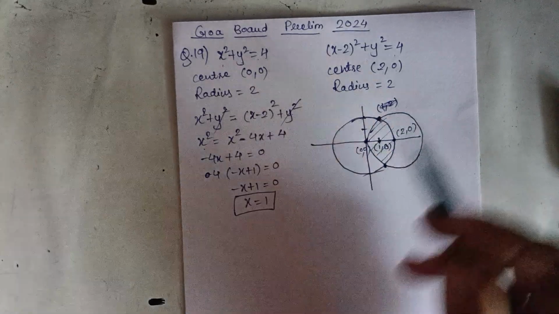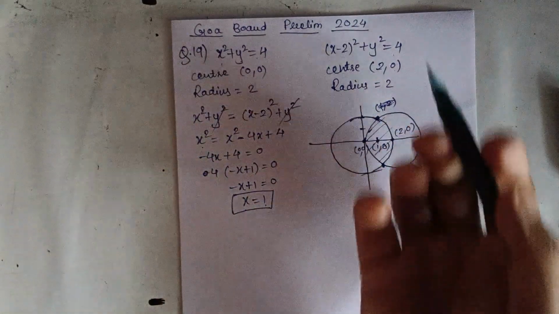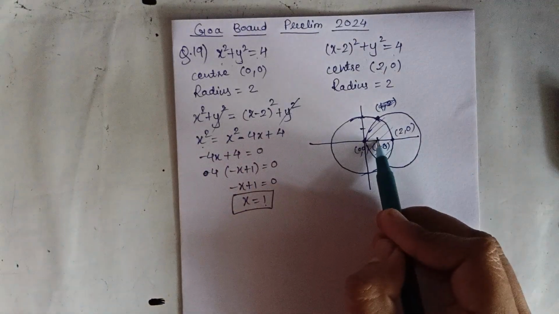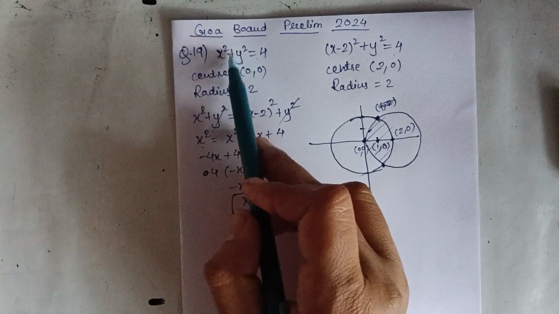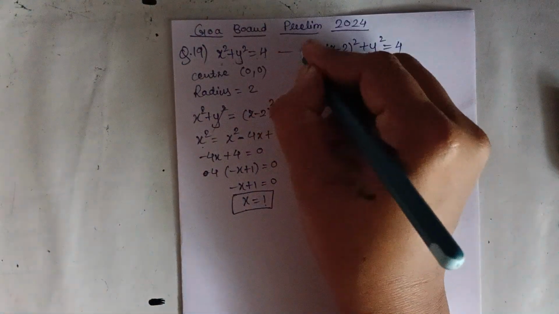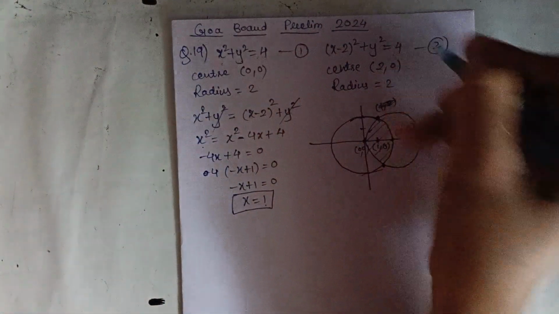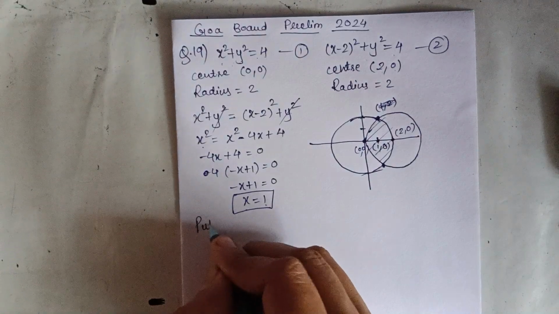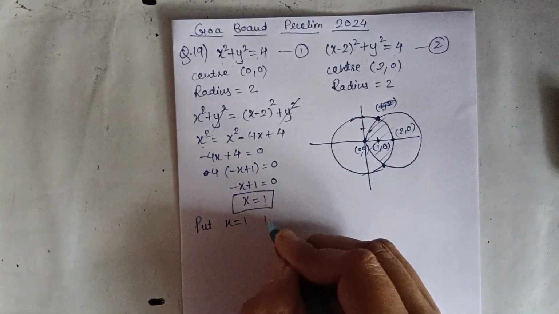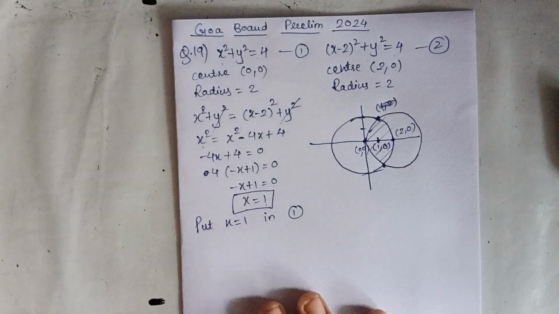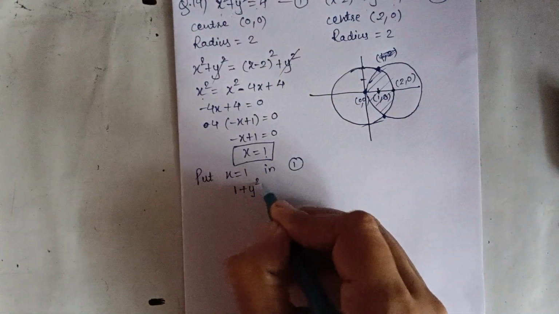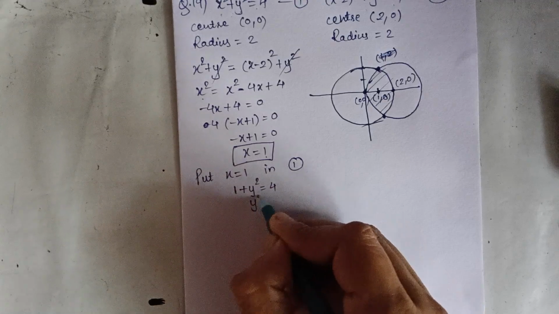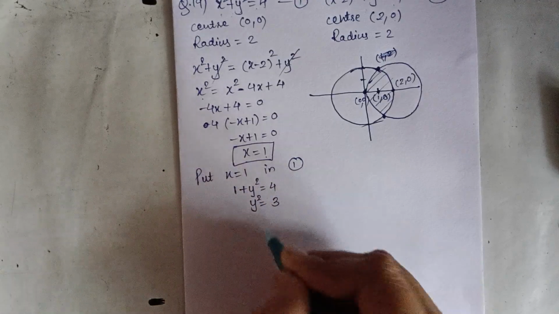We have to find y. So put x equal to 1 in y. Directly also you can put x equal to 1 in y. So putting in first equation, we'll get y square equal to 4 minus 1.